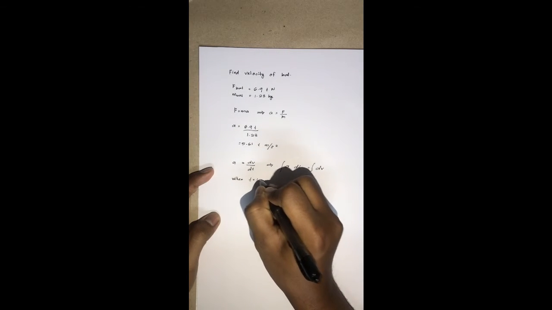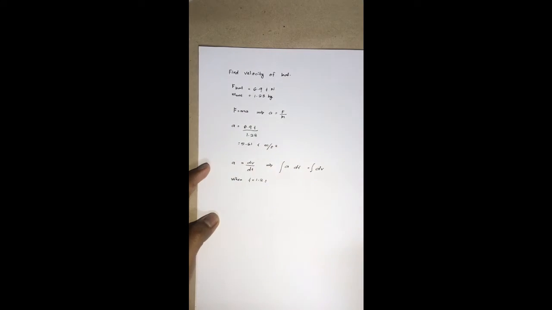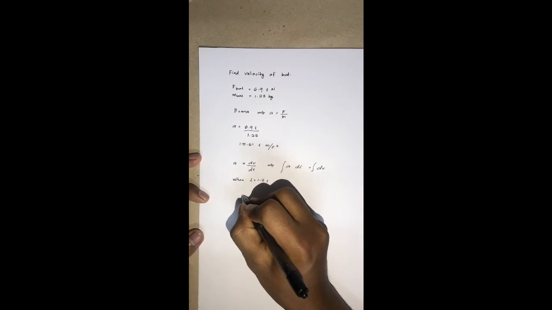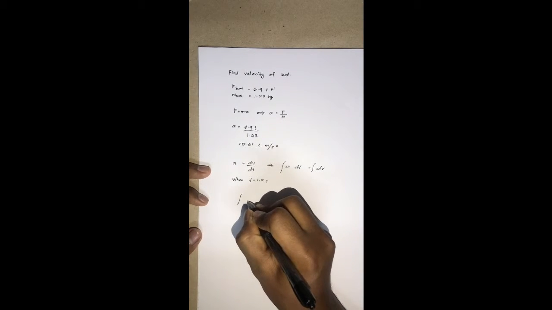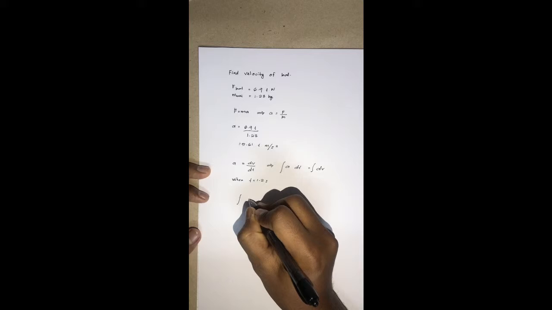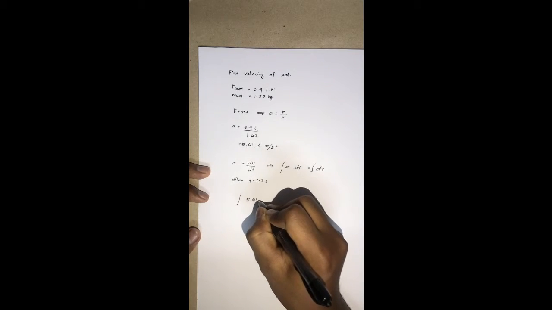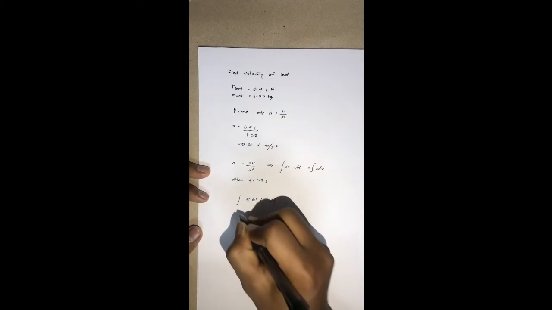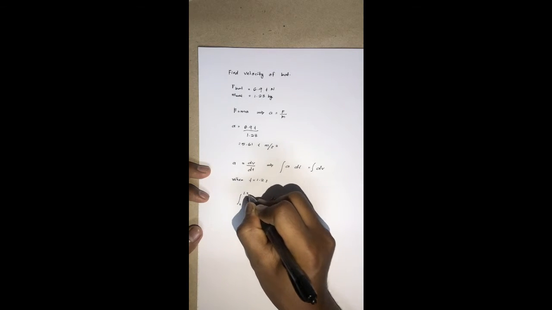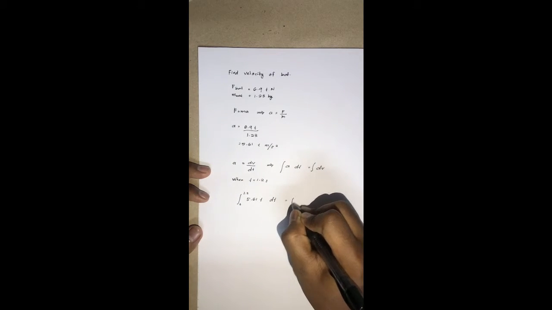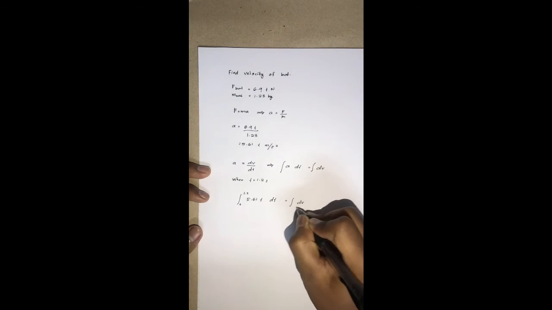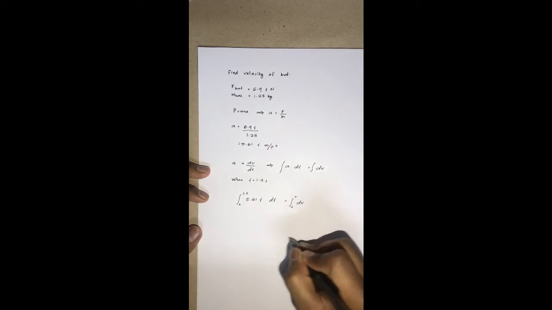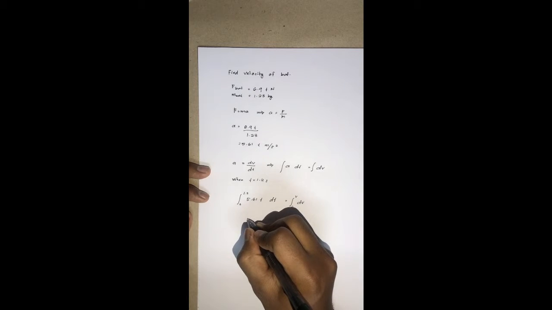Just like the first question, when t is 1.2 seconds, integrate a, 5.6 t, equals dt, with the limit 0 until 1.2, and dv from 0 to v.